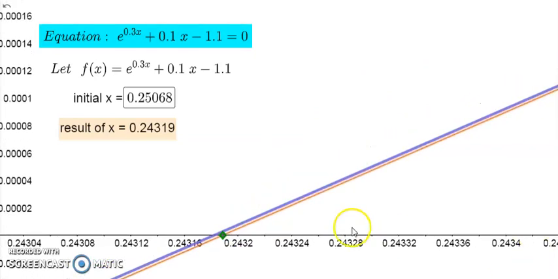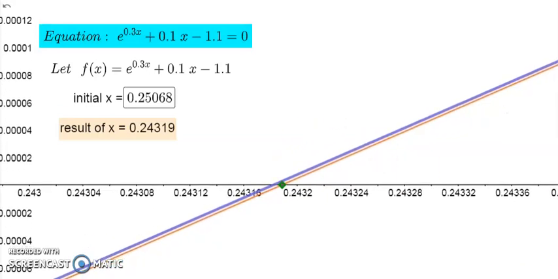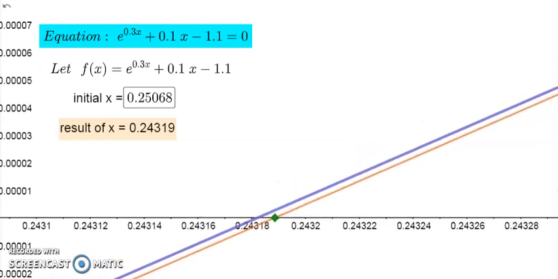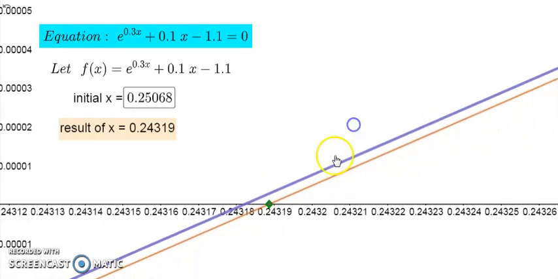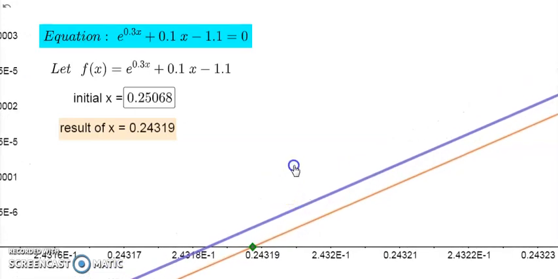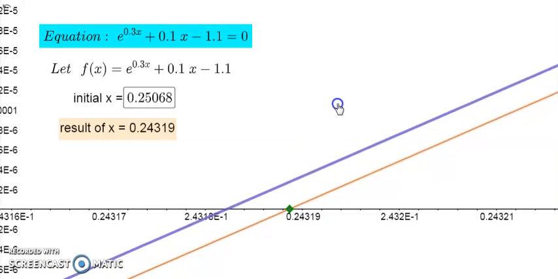As we zoom in and in, you find out that although just now it appeared that they were merging, they still do not intersect at the same point. There is still a gap between them as I zoom in.